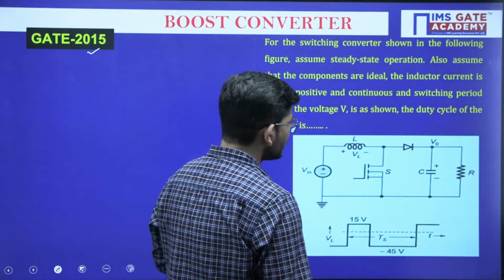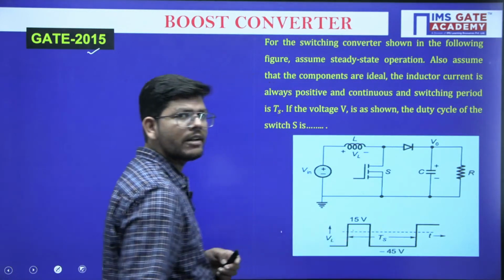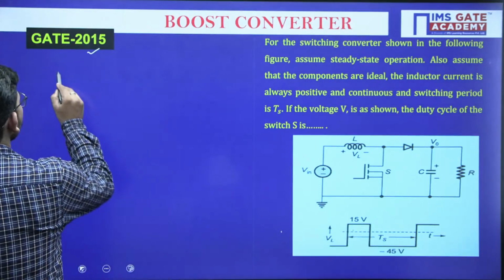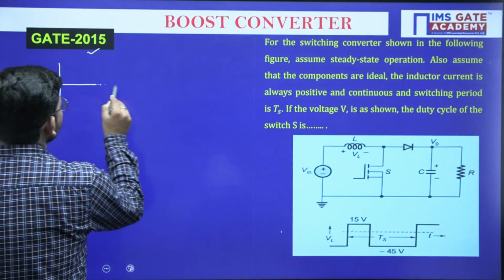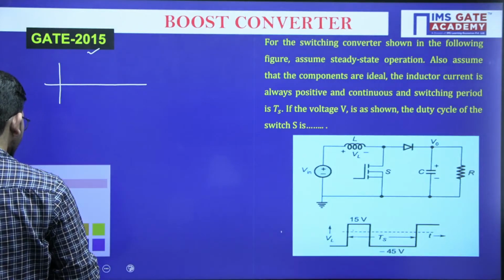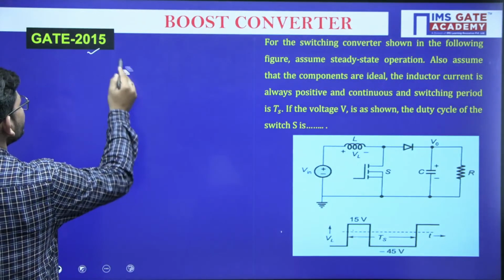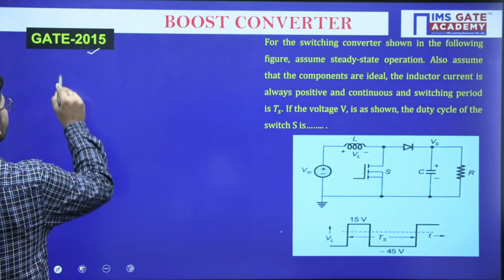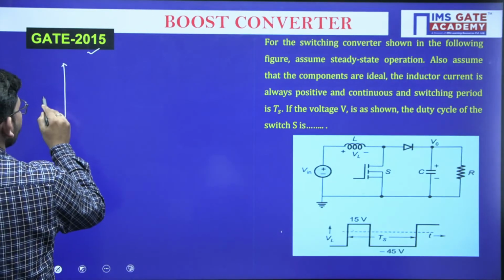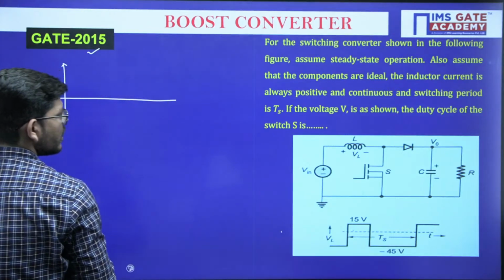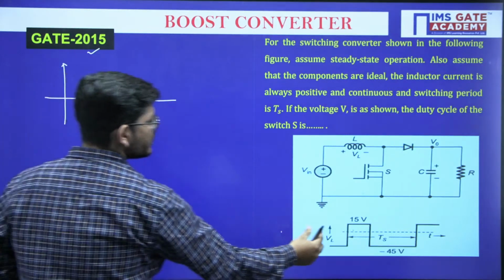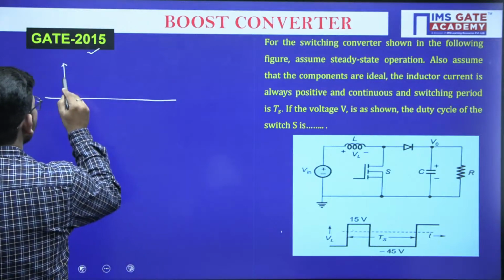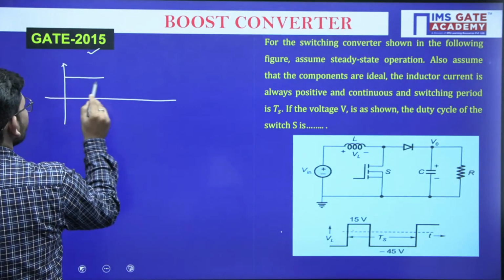Now in this boost converter we have been given the inductor voltage. Let me draw that voltage. The inductor voltage has these levels. During the on period, it is 15 volt.